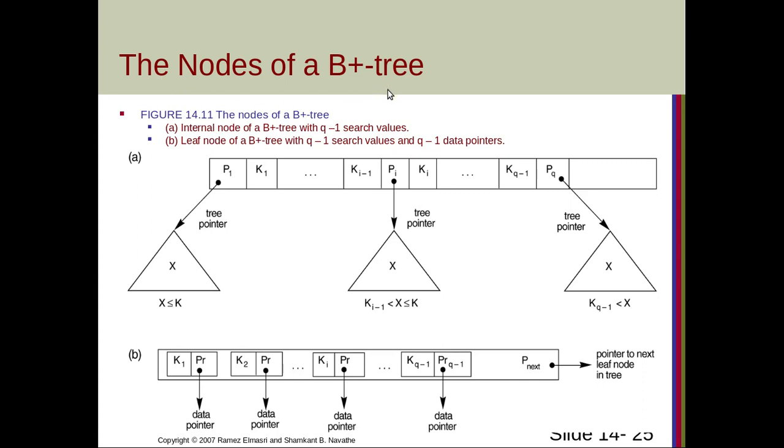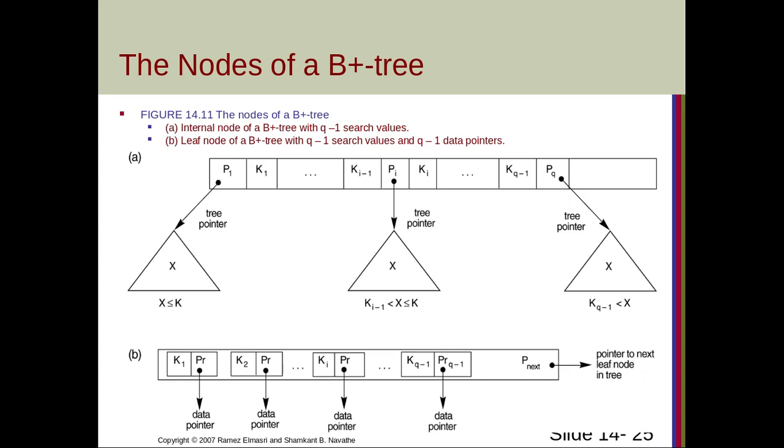In the case of a B plus tree, the internal node has Q minus 1 search values, K1 up to K(q-1). Here Q minus 1 key values and Q pointers are there. If you have 10 key values, then definitely 11 pointers are there.